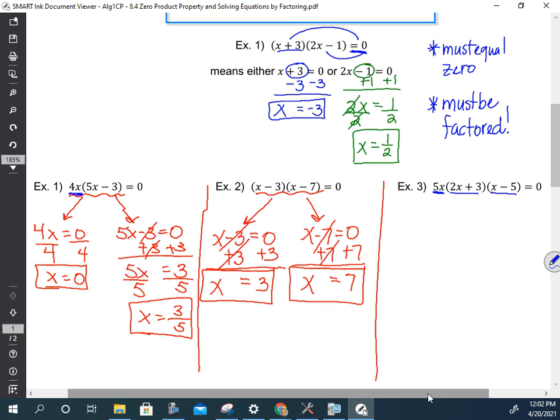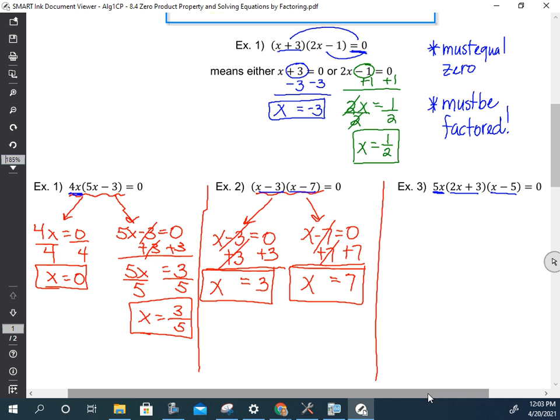You're just taking what you did to the first problem and doing it to the 5x, and then doing what you did to the second problem for the parentheses. You're just taking each one out. So instead of 2 parts, there are 3 parts. Same concept, 3 parts.